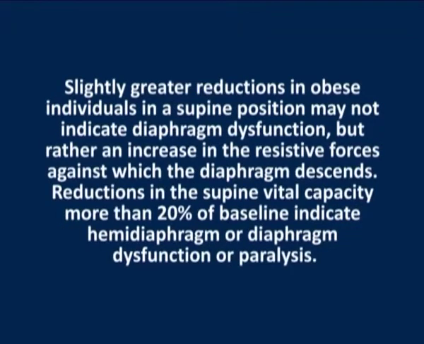Slightly greater reductions in obese individuals in a supine position may not indicate diaphragm dysfunction, but rather an increase in resistive forces against which the diaphragm descends. Reductions in the supine vital capacity of more than 20% of the baseline indicate hemidiaphragm or diaphragm dysfunction or paralysis.